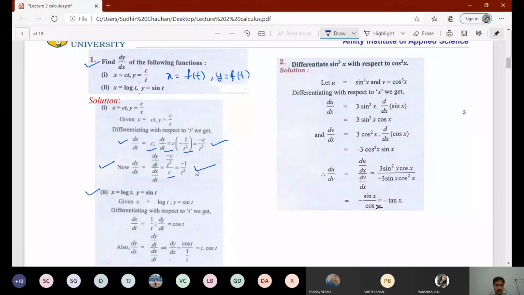We find the differential of x and y with respect to t. So dx by dt is 1 by t, dy by dt is cos t, and dy by dx is dy by dt divided by dx by dt. So it is cos t divided by 1 by t, which is t cos t. So that is the answer.